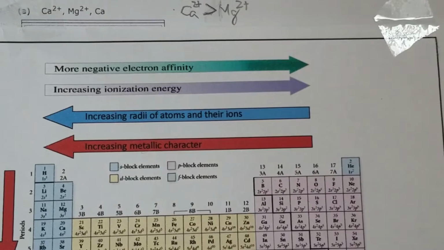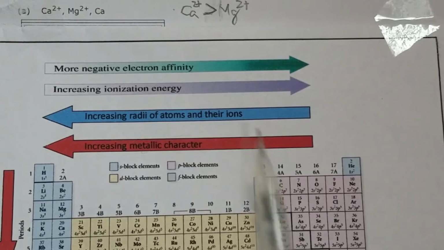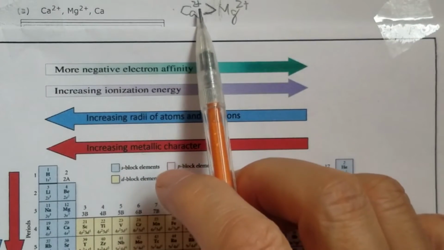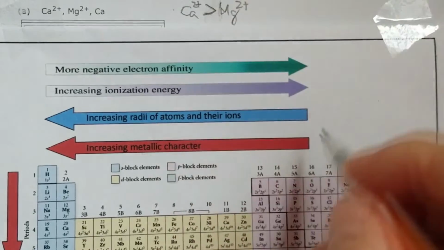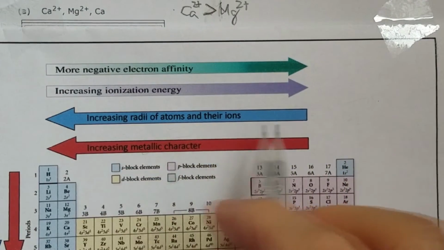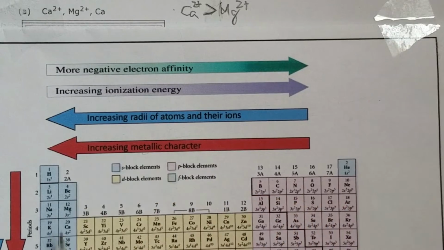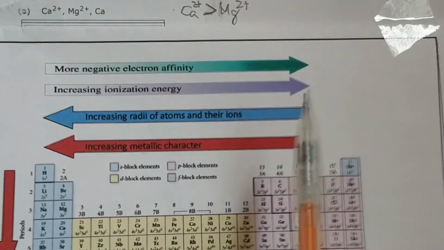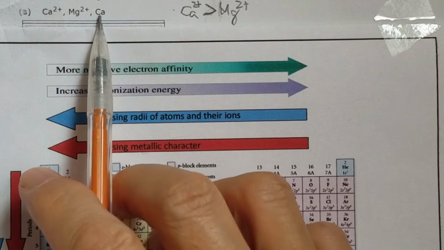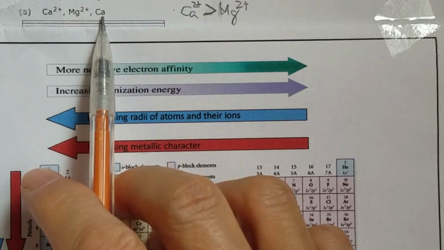That should be larger than that. Okay, here we go now. So calcium 2 plus should be larger than magnesium 2 plus. Is that right? Because this arrow diagram means it's not only for the atom, but also for their corresponding ions. So now the question is, where should this calcium atom be?